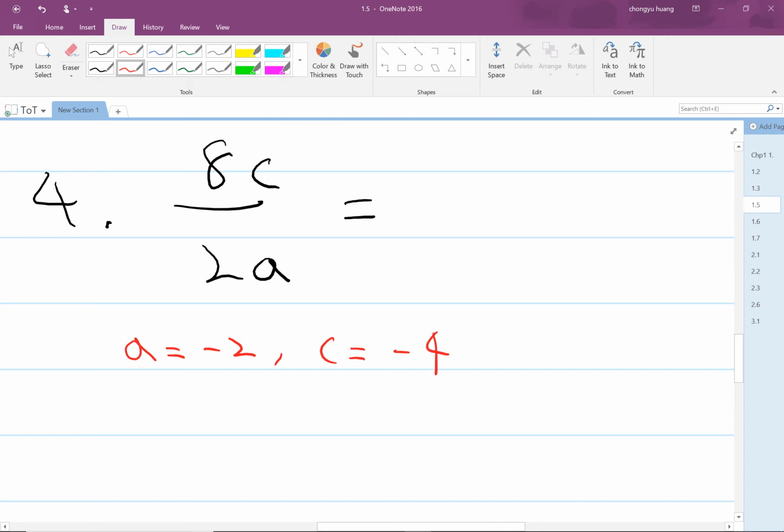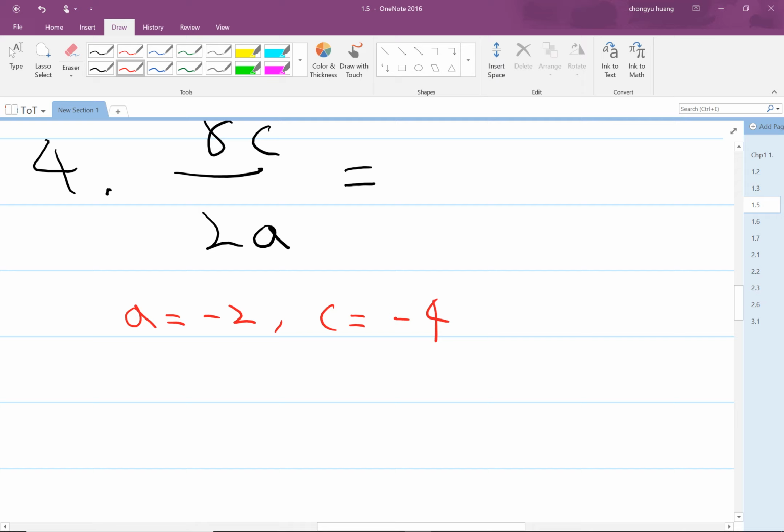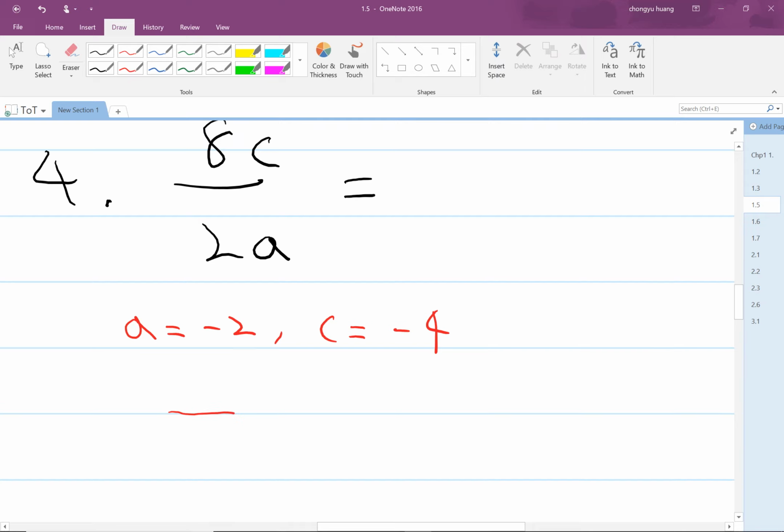So let's just do this a little bit faster. I think you guys do understand this right now. So let's just plug in the numbers, right? So you have 8 multiplied by c. c is negative 4, right? Then 2 multiplied by a. a is negative 2, right?